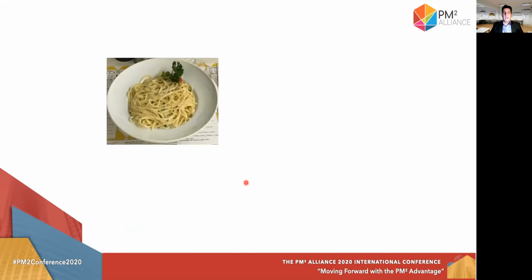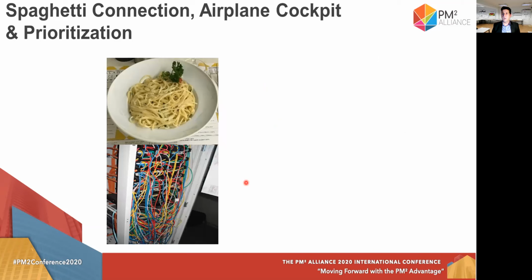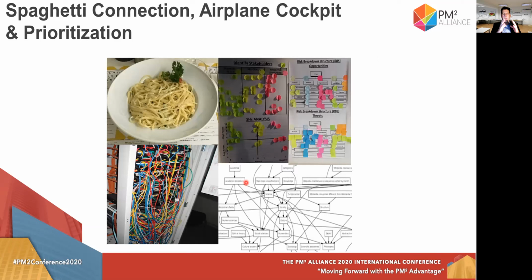So, at the beginning of the risk assessment, everything is like a plate of spaghetti, complicated, connected together in very strange ways. It is called the spaghetti connection. Even the IT guys can tell you that. And why is this happening? Because we have a lot of stakeholders on our wall, and we don't even know exactly the connection between them.